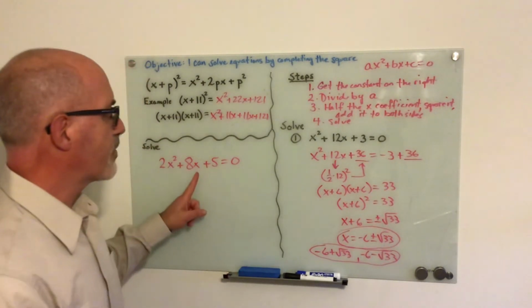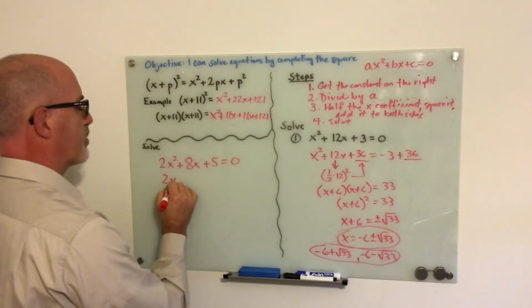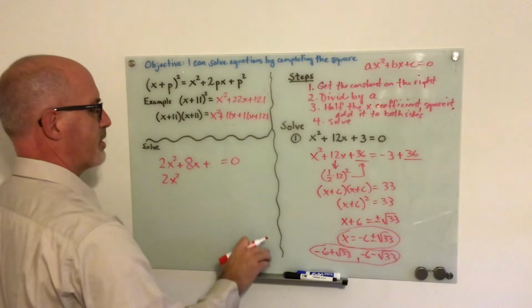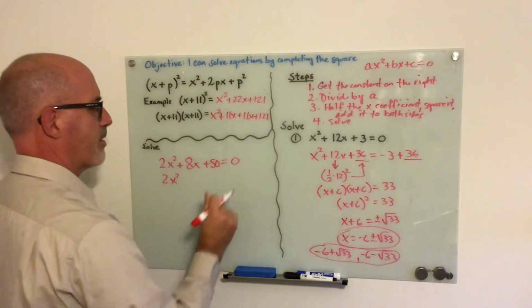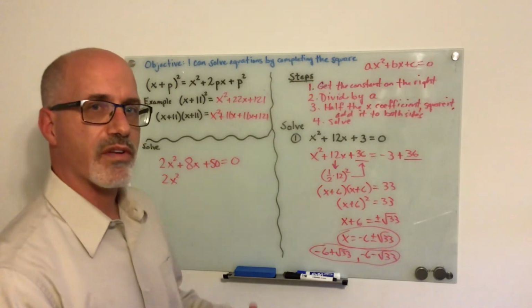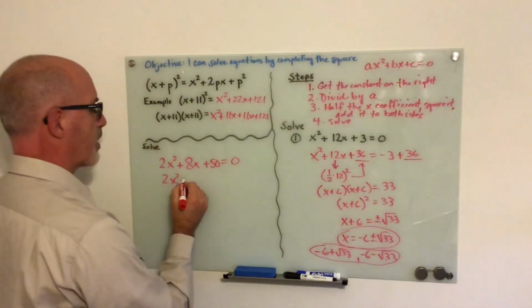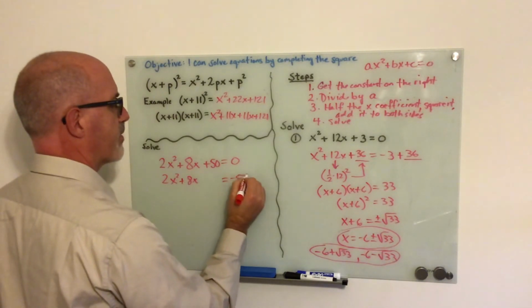What I'm going to do first of all is subtract 5 from both sides. Actually, I'm going to make this an even number just to help me. So instead of 5, I'm going to make it 50. Okay? All right, this will also involve our complex numbers, our imaginary numbers. So 2x squared plus 8x equals negative 50.